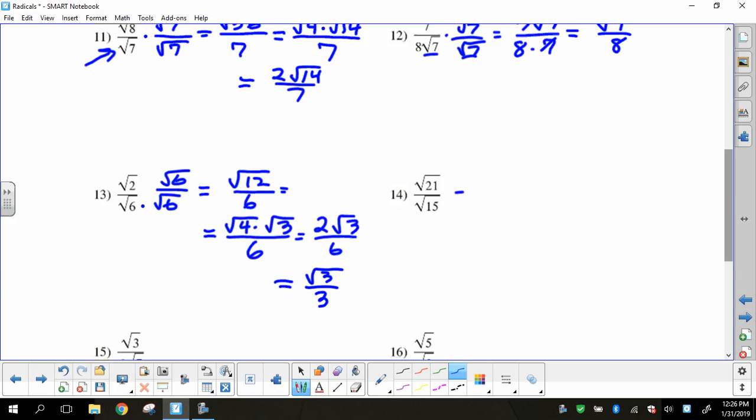In this last example, we actually have a fraction under the square root that we could simplify first. And that's because there's a common factor of the square root of 3 in both the numerator and the denominator. So I'm going to write it like this.